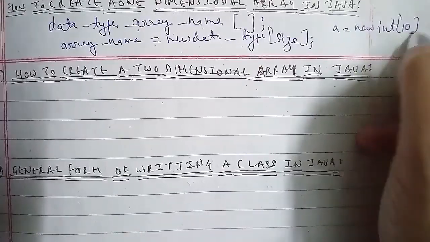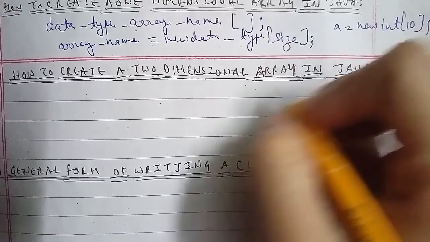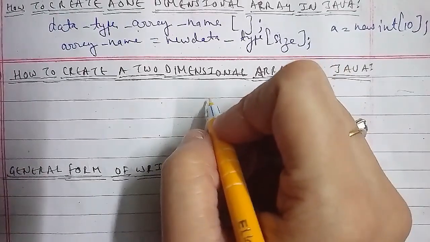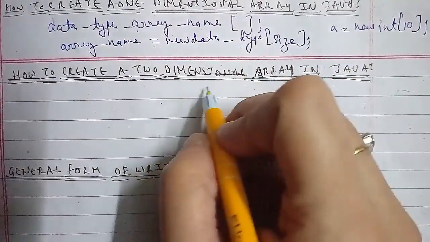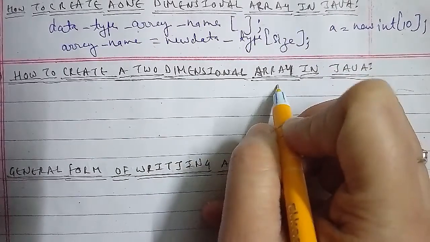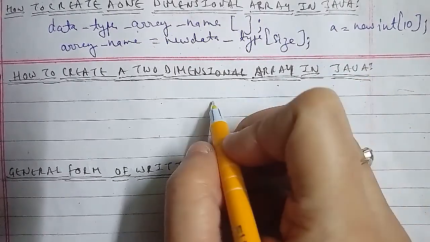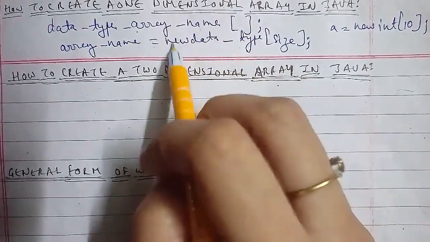We'll go ahead with another one: how to create a two-dimensional array in Java. As you know how to create a one-dimensional array in Java, you have to know how to create a two-dimensional array in Java here.